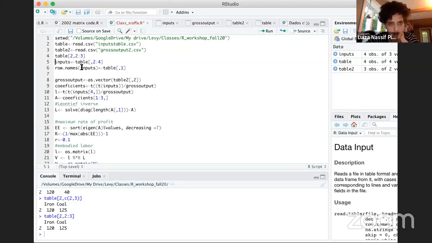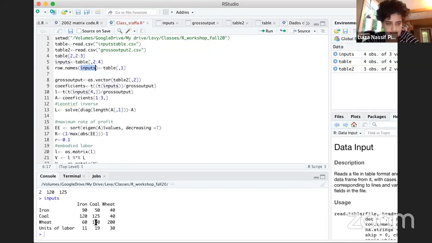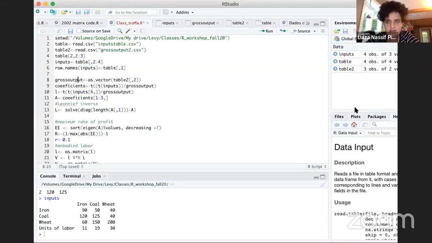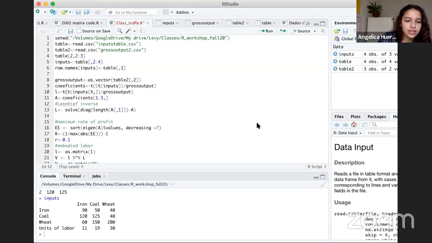Okay, so now we have our inputs table. Can everyone just type inputs in your console and get that? Yes. Angie, are you there now? Not yet. I have to make the table inputs and then I will see it. Okay.